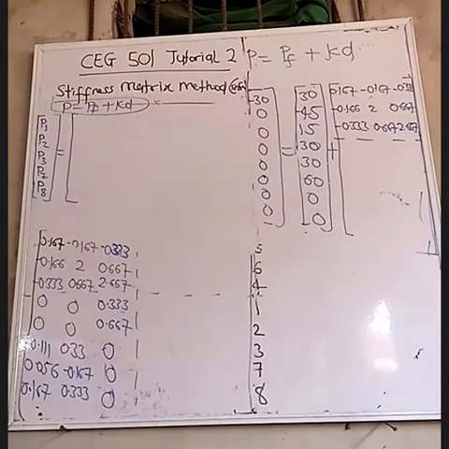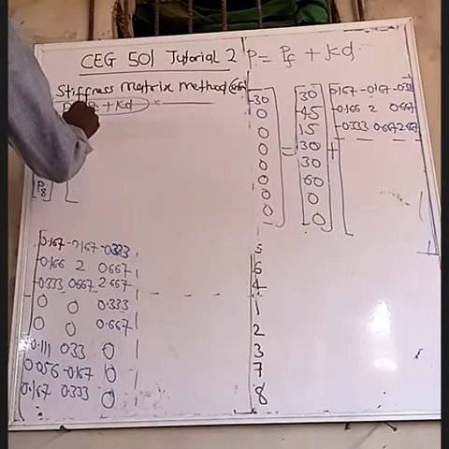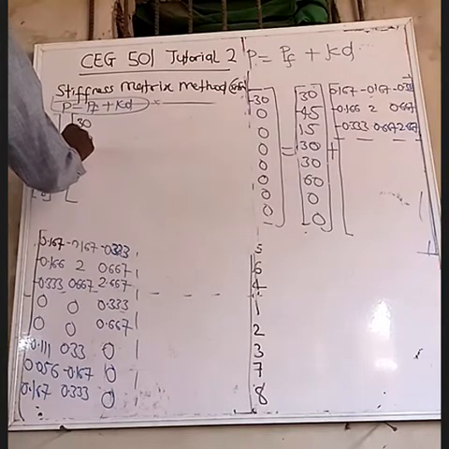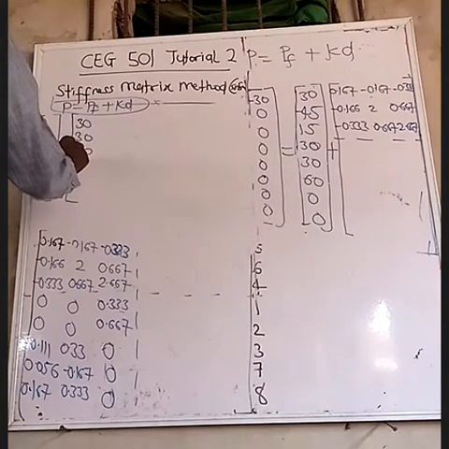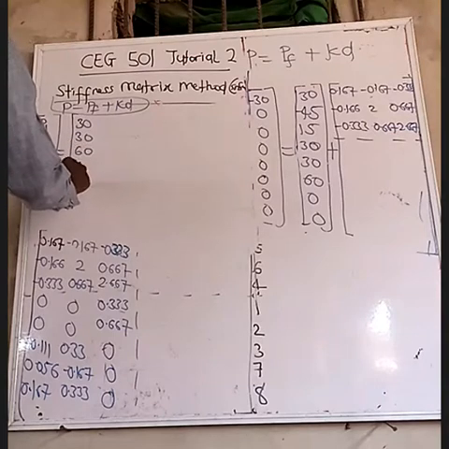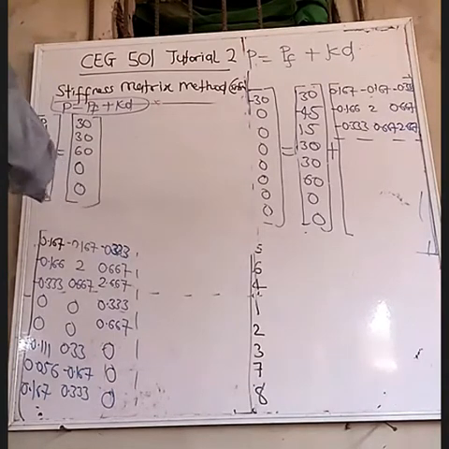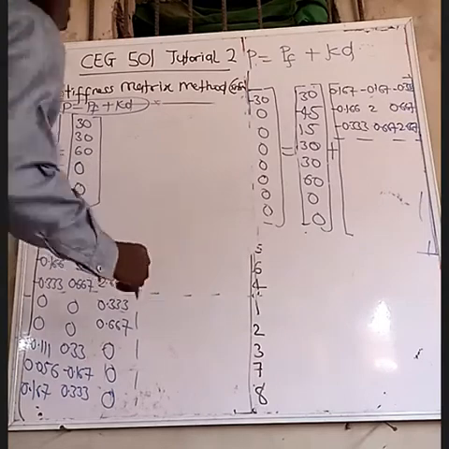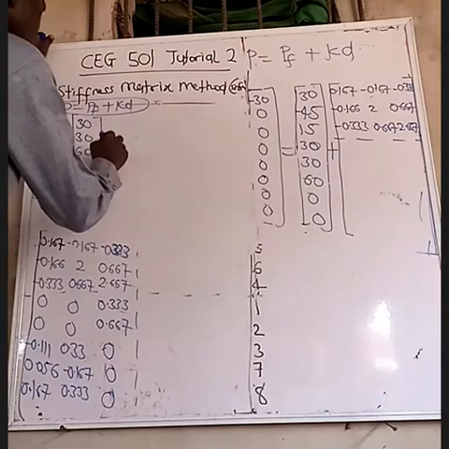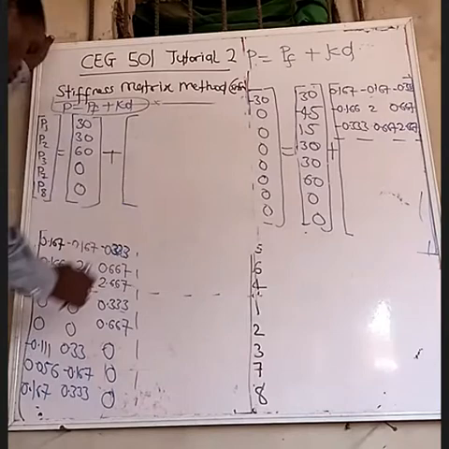PF for 1, 2, 3, 7, 8 is 30, 60, 0, 0. That's PF for 1, 2, 3, 7, 8. Yeah, 30, 30, 30, 30, 60, 0, 0. Plus A. We are using this.